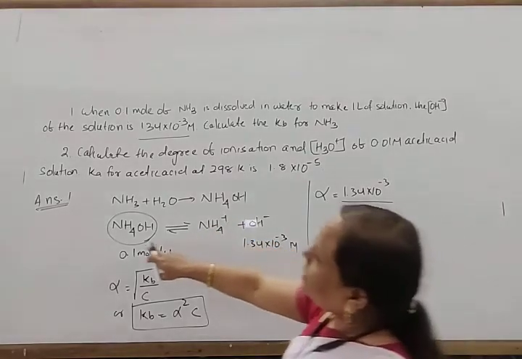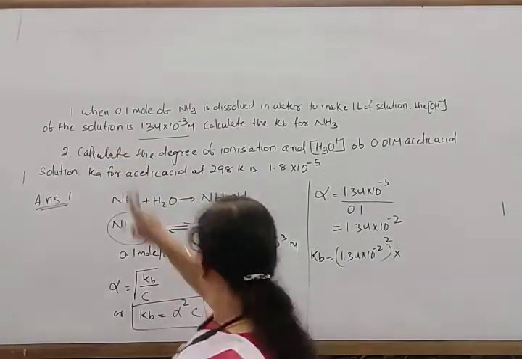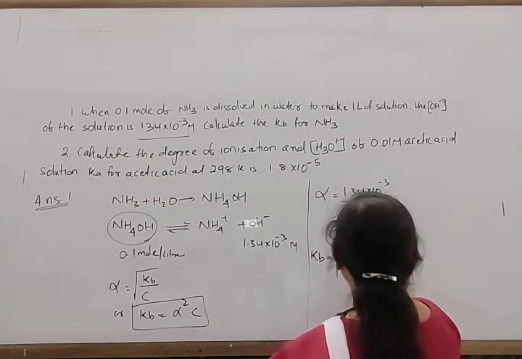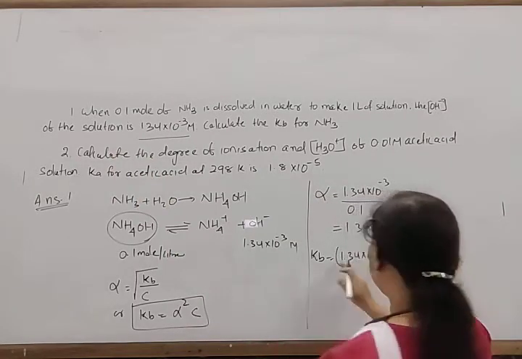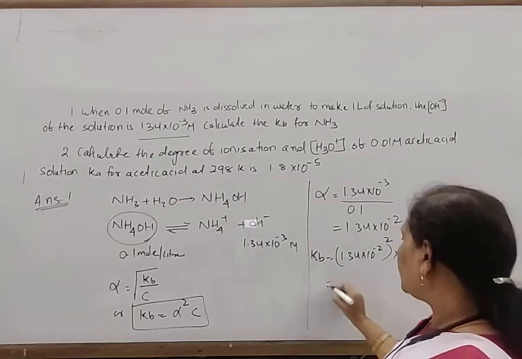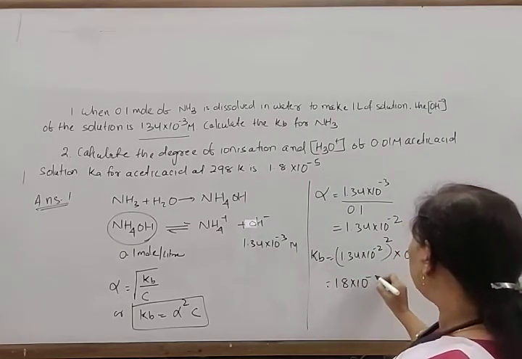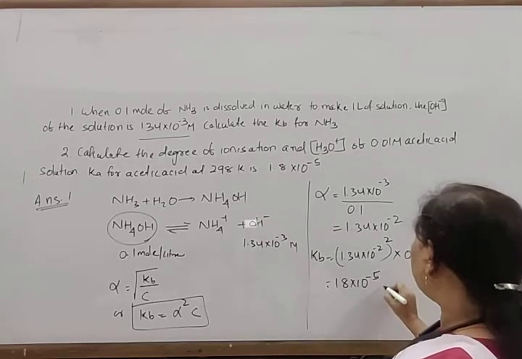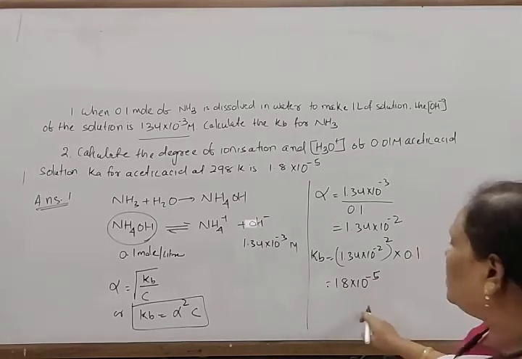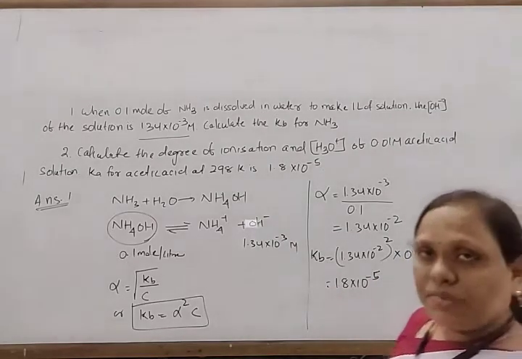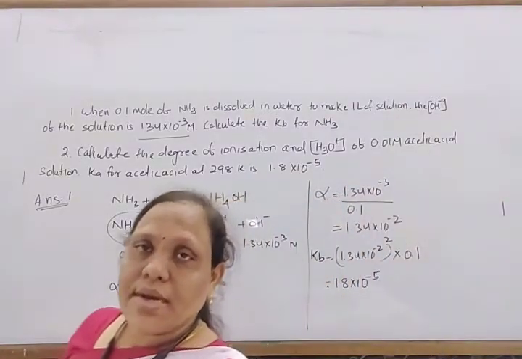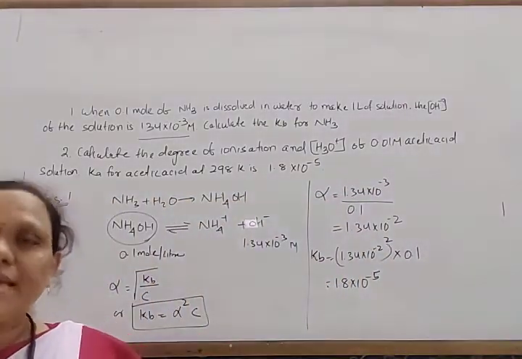How much have you taken? You have taken 0.1 mole. So that is 1.34 into 10 to the power minus 2 whole square into 0.1. Multiply this and you will get the value 1.8 into 10 to the power minus 5. In this way you can calculate the value of Kb.